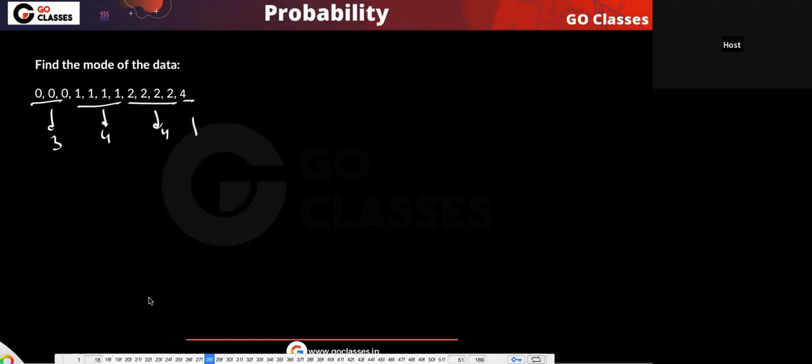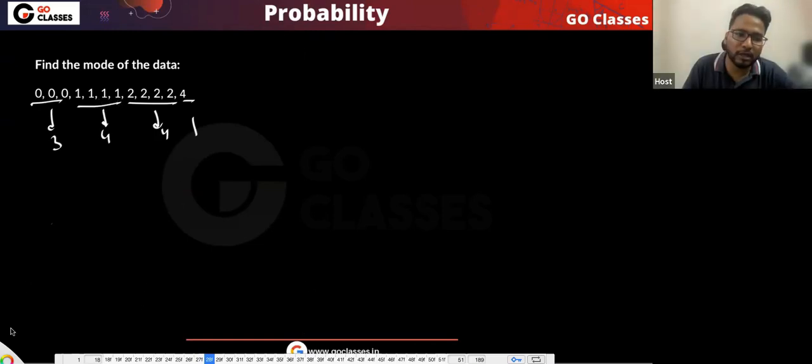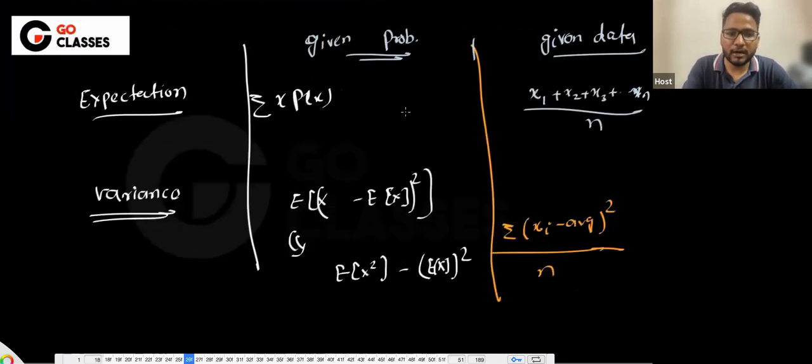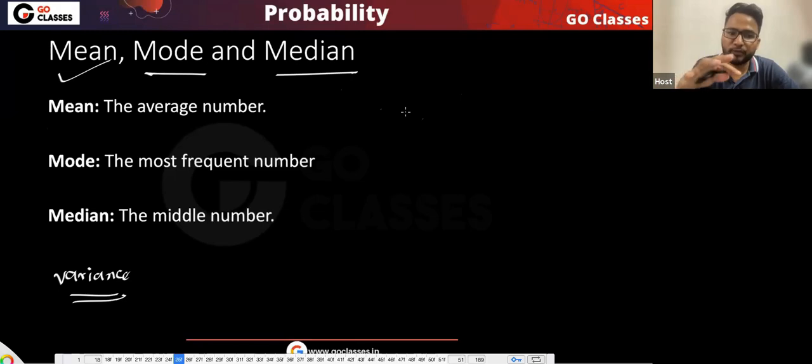Mode is basically both 1 and 2, because 1 and 2 both are coming out an equal number of times. So you will say the mode of this data is 1 and 2. Whatever is coming out the most frequent number of times, this is mode. If there are multiple such numbers, you will say there are multiple modes. So given the data, I hope you can calculate this mode and median.